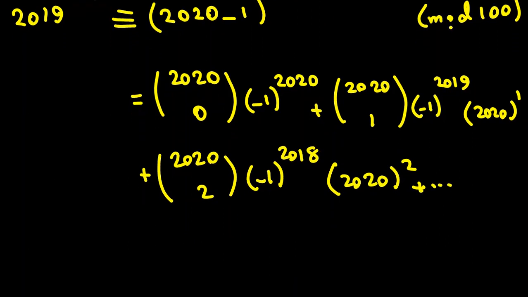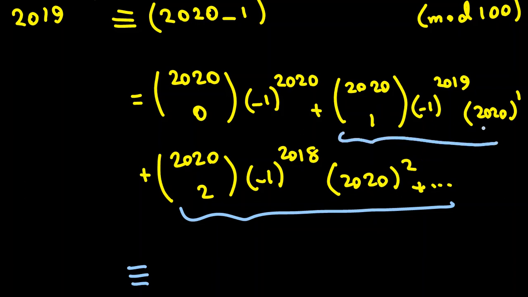If we consider mod 100, all the terms with 2020 to the power of 2, 2020 to the power of 3, and so on are multiples of 100. The 2020 choose 1 term is 2020 times 2020, which is also a multiple of 100. And 2020 choose 0 times negative 1 to the power of 2020 is 1, so the result will be 1.